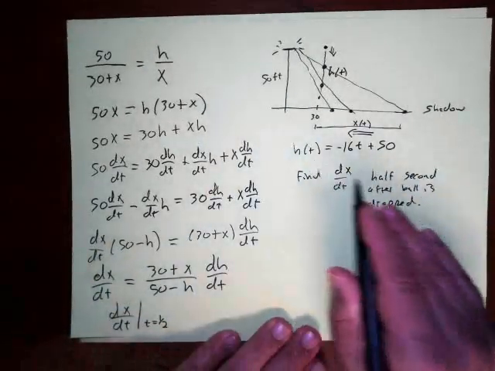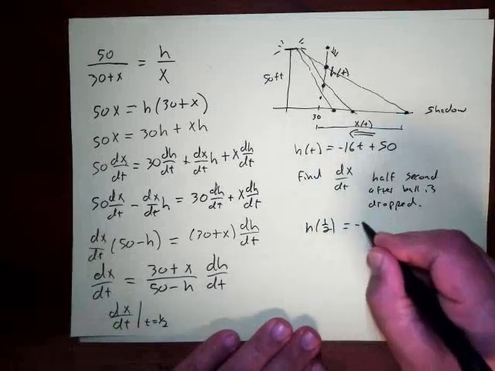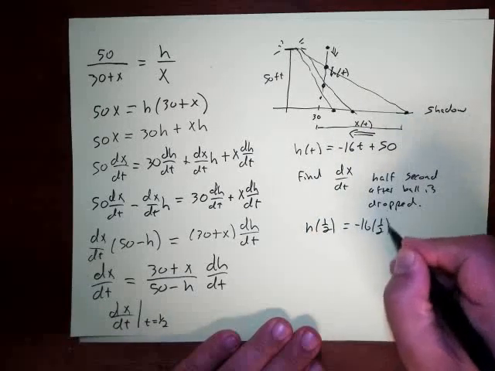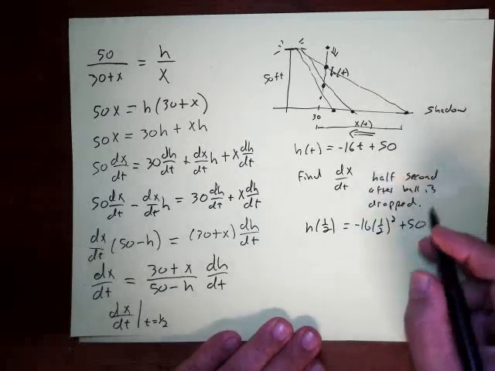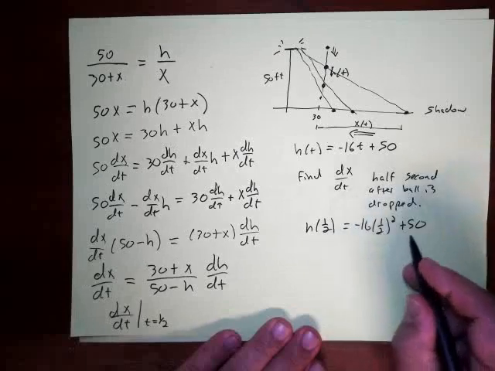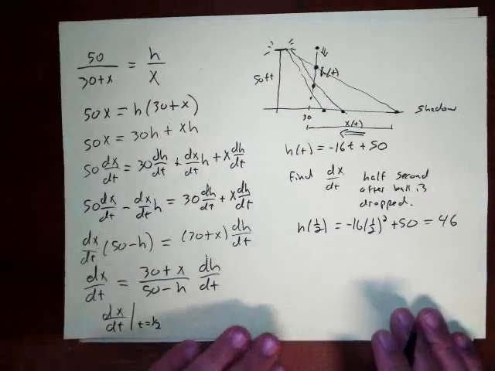Well, the height, that's easy because I can just put in h of 1/2, and I get negative 16 times 1/2 squared plus 50. Well, this would be 1/4, so negative 4 plus 50, and so that would be 46.